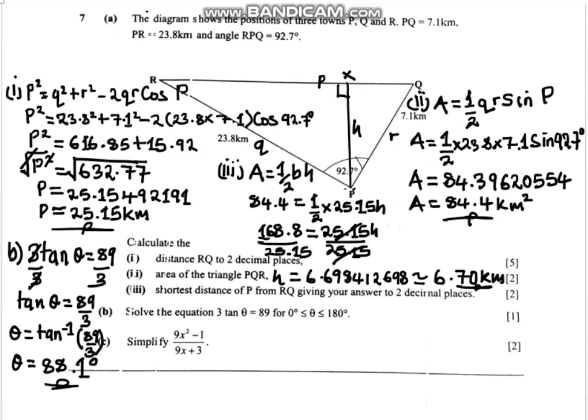Then working out the last part, C, simplify 9x squared minus 1 over 9x plus 3. So for the top part, square root of 9 is 3 and 3 square is the same as 9. Then x square minus 1, and 1 square is the same as 1. So here on 1 we'll put a square, and then everything divided by, for the denominator here we can factorize 3.